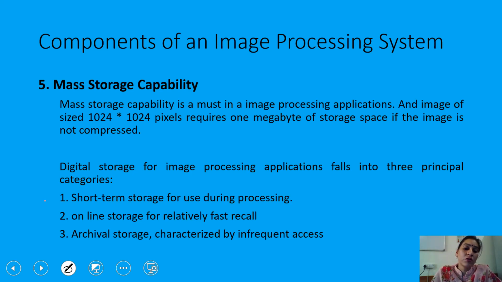When we are using it for a short process, then short term storage is required. When we are working online, we want to transfer data through email or some social media network, then we are using online storage. And if we want to save the data for a long time, then we are using archival storage.